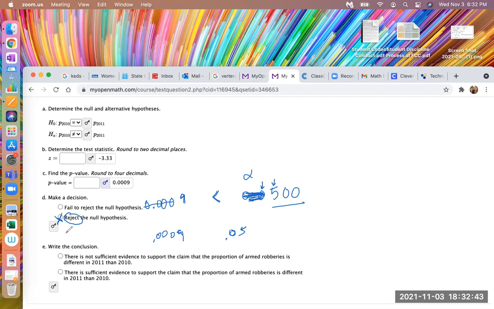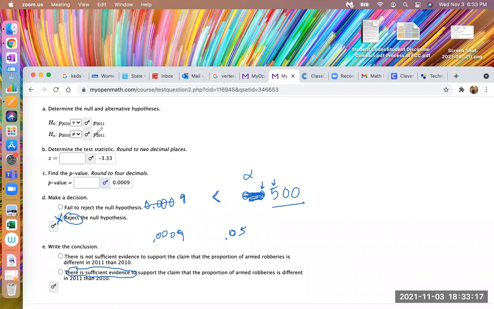So this is a major thing that we did here. We reject the null hypothesis. So we say there is sufficient evidence, and what they should have said here is there is sufficient evidence to support whatever we said in the alternative hypothesis. If you look up here, we said that the proportion in 2010 was not equal to the proportion in 2011, which means there were either more violent crimes in 2011 or fewer.